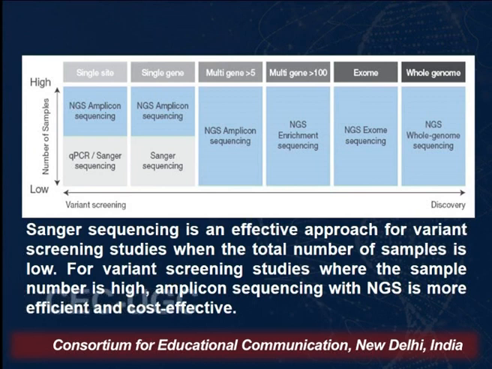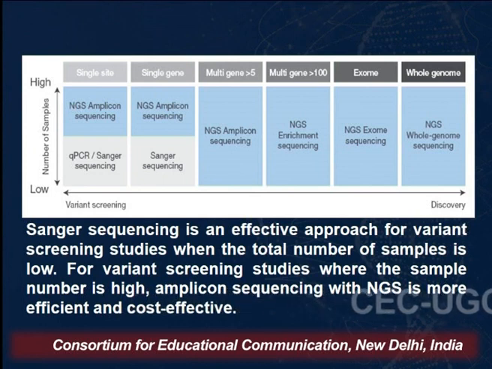So this is how you choose between Sanger sequencing or next generation sequencing, and what type of next generation sequencing is required. The type means amplicon sequencing, where you amplify a particular sequence. For example, if you want to know the bacterial diversity, you can use universal primers to amplify the 16S rRNA gene and sequence it, so that you can know the diversity in a sample.